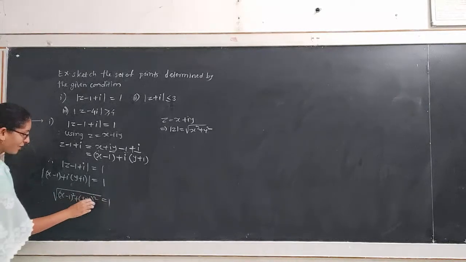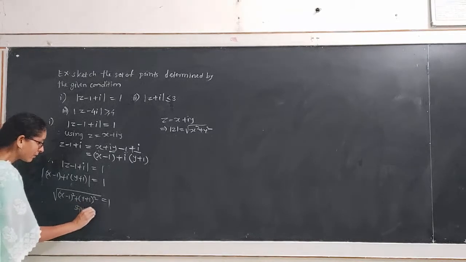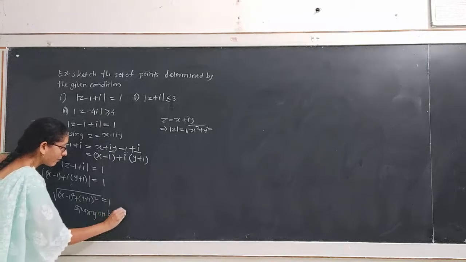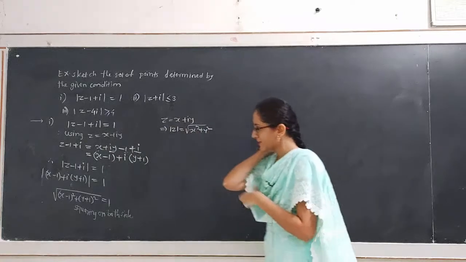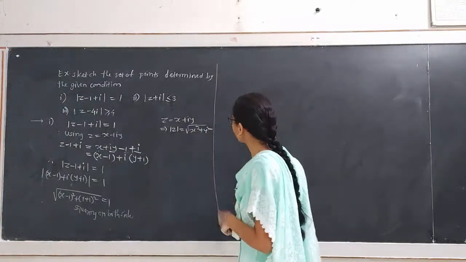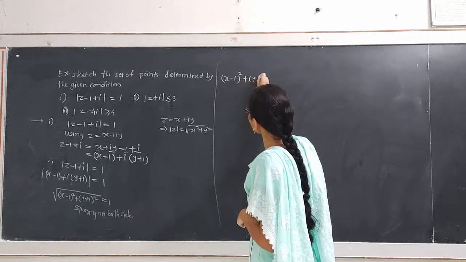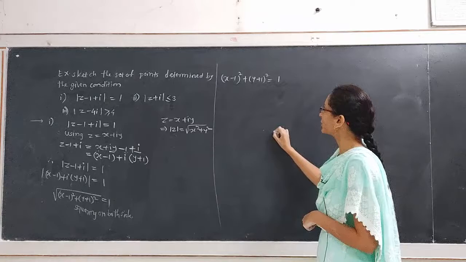Squaring on both sides, we get x minus 1 square plus y plus 1 square is equal to, the right side square is 1 square, which is equal to 1.